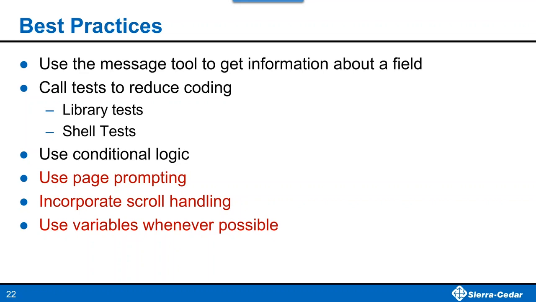So if you say, I want to go to the third one down, but the third one down, which may have been travel advances or travel authorizations or expense reports or any of the other things to be approved, may or may not be there the next time you go through. But using scrolling, it'll look for the name of what it's looking for rather than looking for the position.